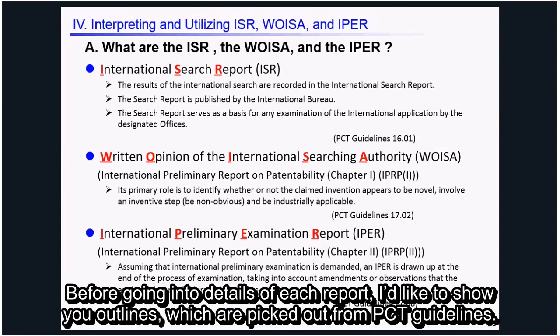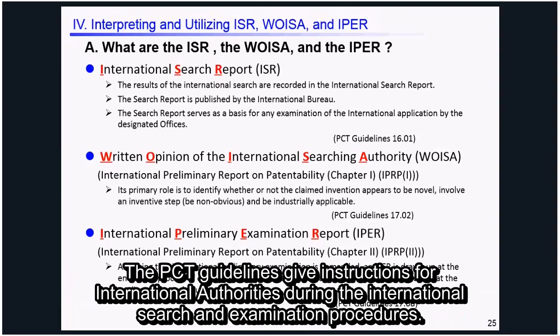Before going to details of each report, I'd like to show you outlines which are picked out from the PCT guidelines. The PCT guidelines give instructions for international authorities during the international search and examination procedures.